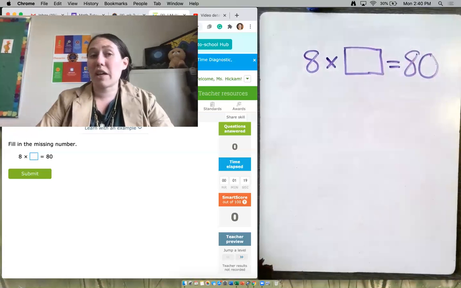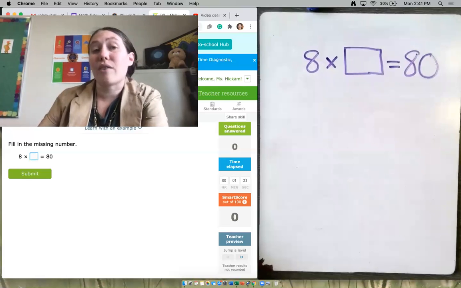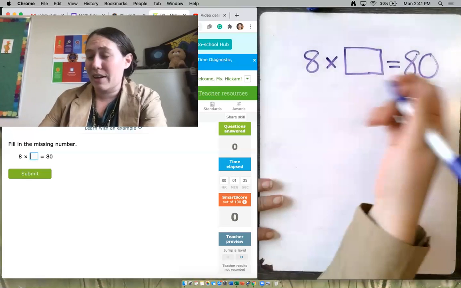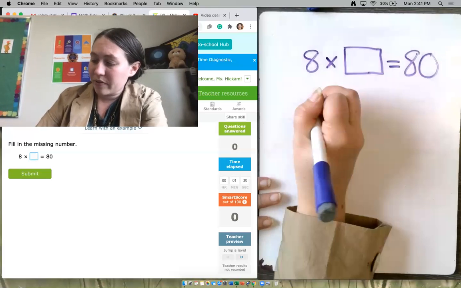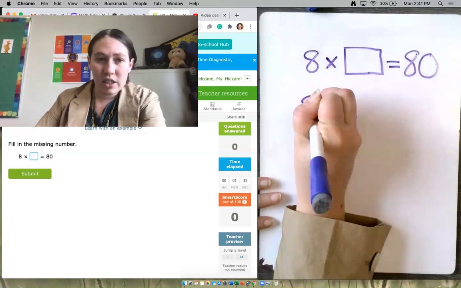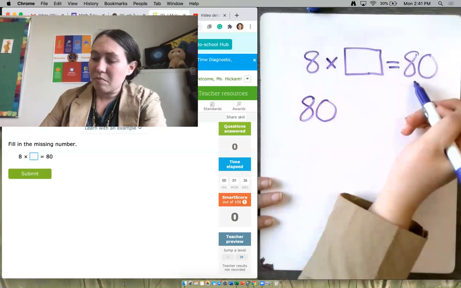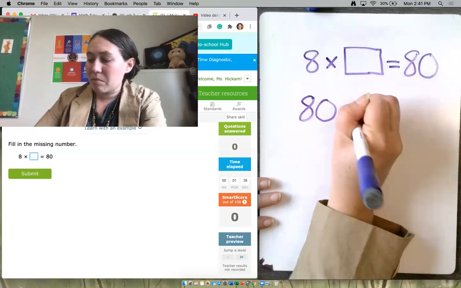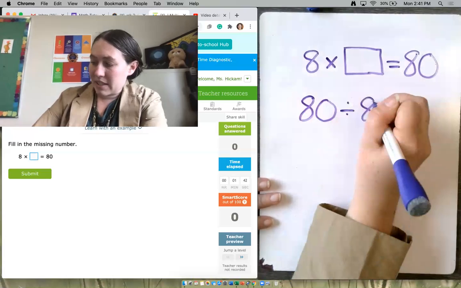The opposite of multiplication is division. So I'm going to lay it out as a division problem instead, which means I'm going to take my bigger number, which is also my answer in a multiplication problem, and divide it by one of the numbers I'm multiplying. And that's going to give me my missing piece.